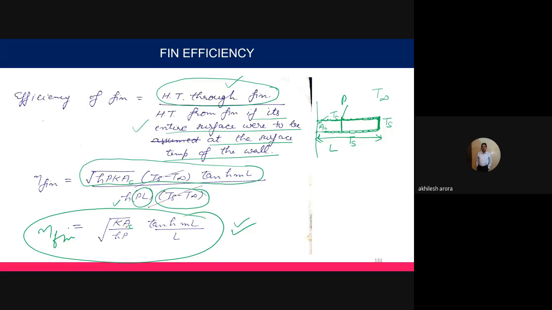We will have to define it so that there is an effective type of fin. Effective type of fin means the heat transfer is good, and simultaneously the cost of installing the fin is also least. So we would like to go for that particular length of the fin. That is what I wanted to tell you in this lecture.